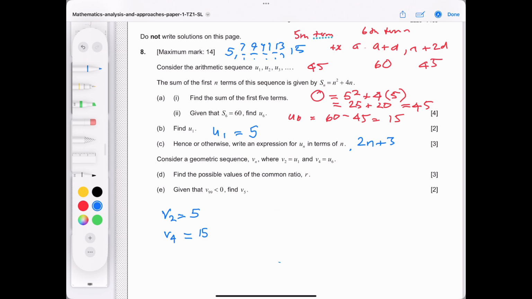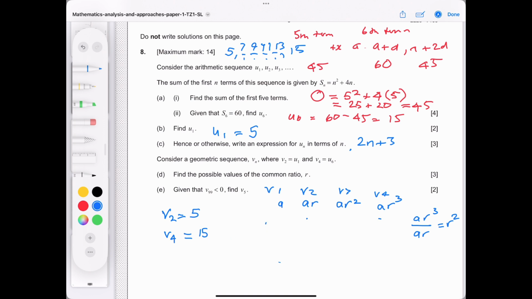So each time with a geometric sequence, it's A, then AR, then AR squared, then AR cubed. So that's 1, 2, 3, 4 of our sequence. The difference between V2 and V4 would be AR cubed over AR, which equals R squared.